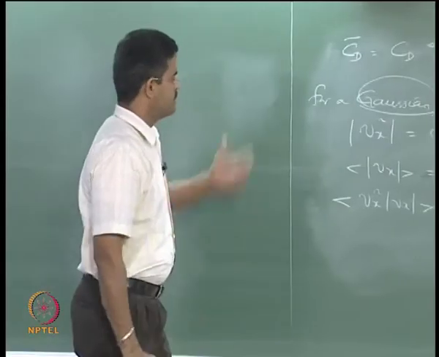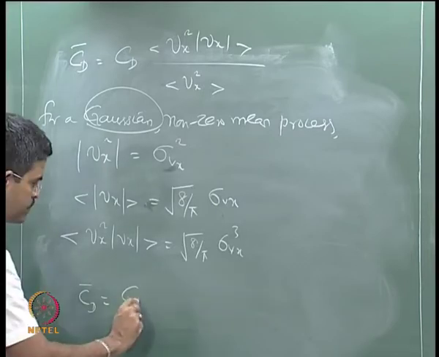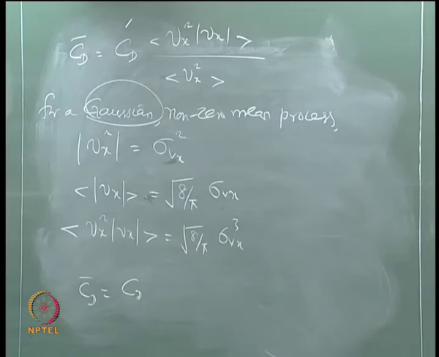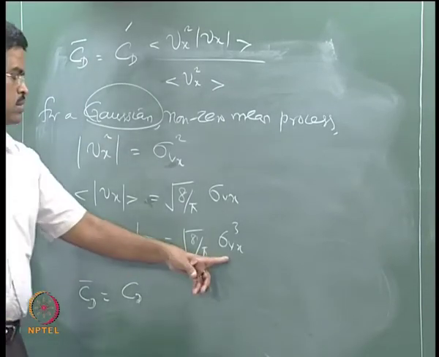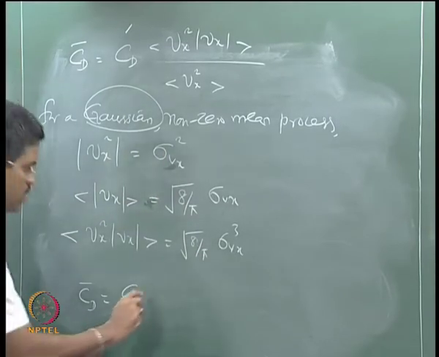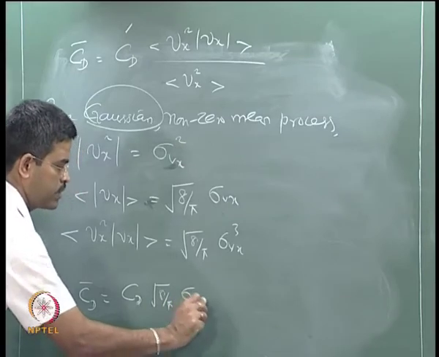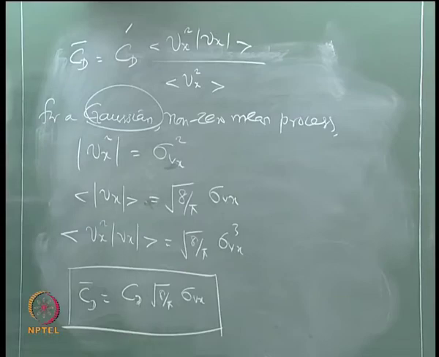So, substitute back in this equation, I get Cd bar as Cd times of, Cd is already here, sigma Vx cube and sigma Vx square. So, I will get root 8 by pi sigma Vx. That is my linearized drag coefficient.